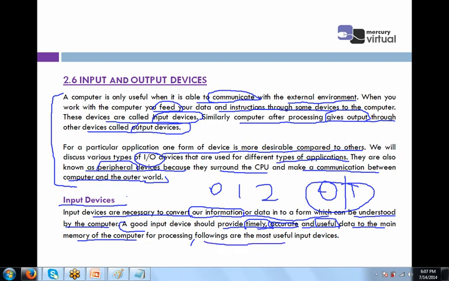And then following are the most basic input devices. Means now let's see what are the categories of input devices. So now I recall, input devices are basically used for inputting the data, means how to enter the data into the computer system. Now let's see types of input devices. Now go to the next slide, let's see.